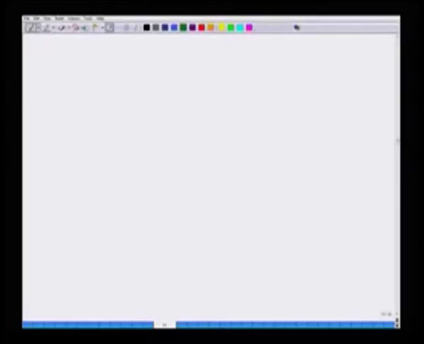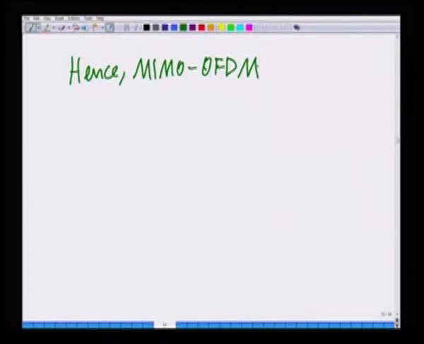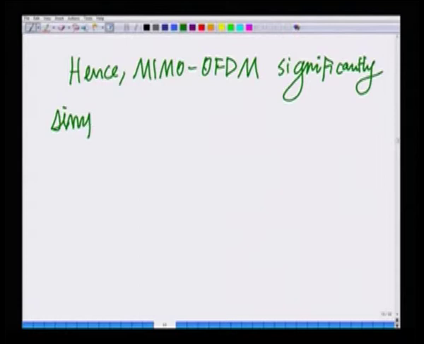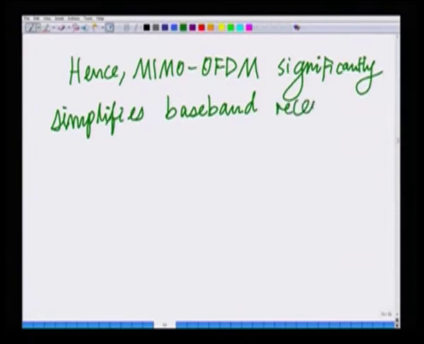Hence, MIMO-OFDM significantly simplifies baseband MIMO receiver processing.